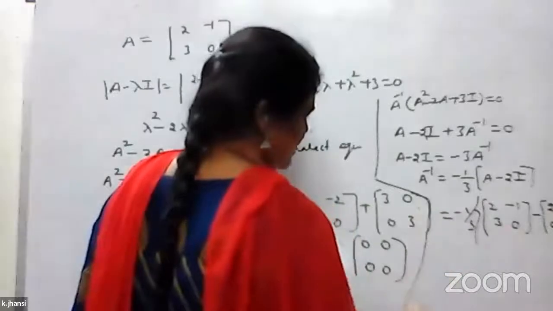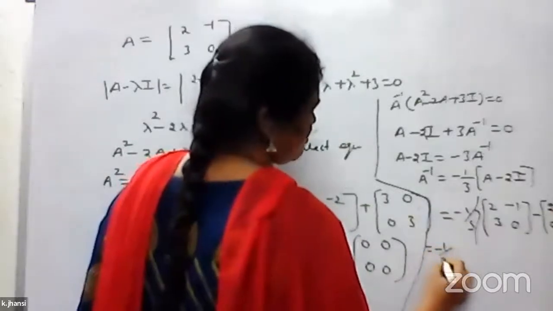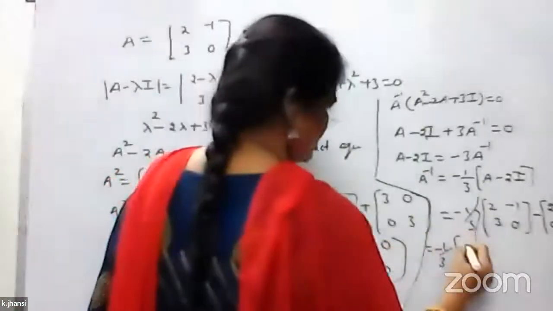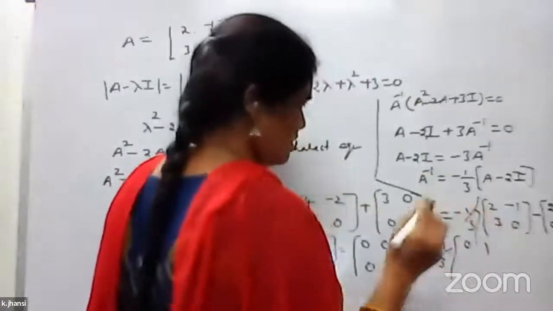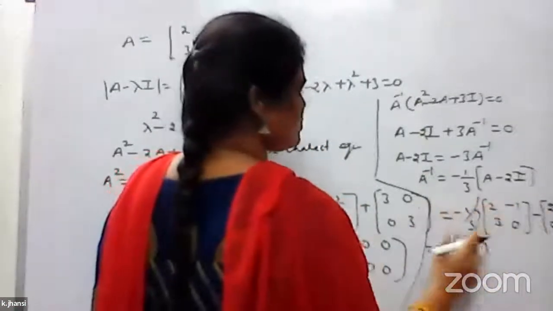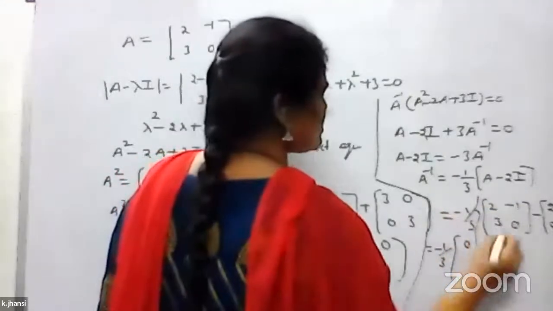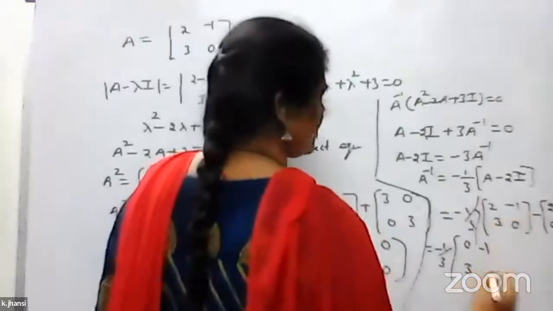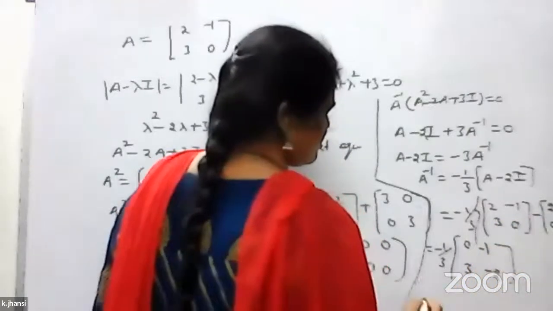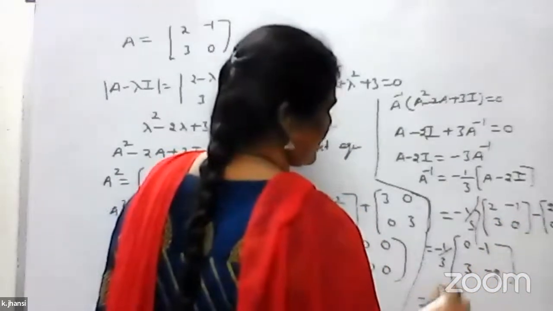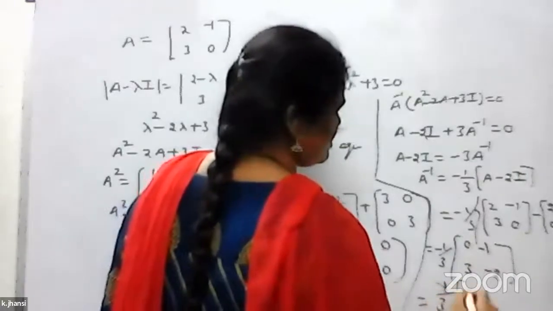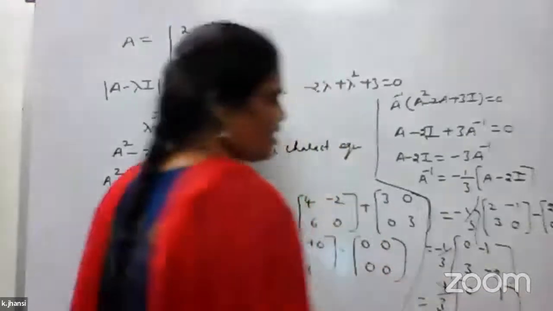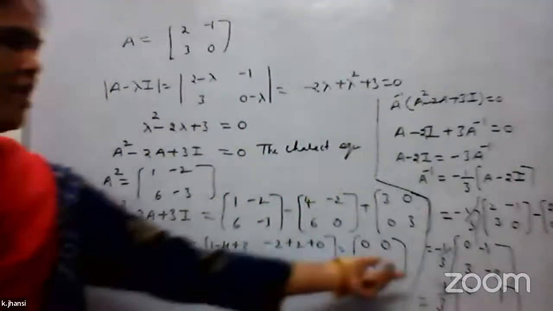So you will get it as minus 1 by 3 of, if you simplify that, [0, -1; 3, -2]. Or you can divide it with 1 by 3.